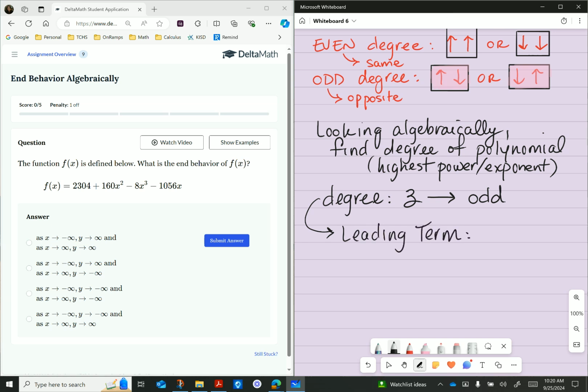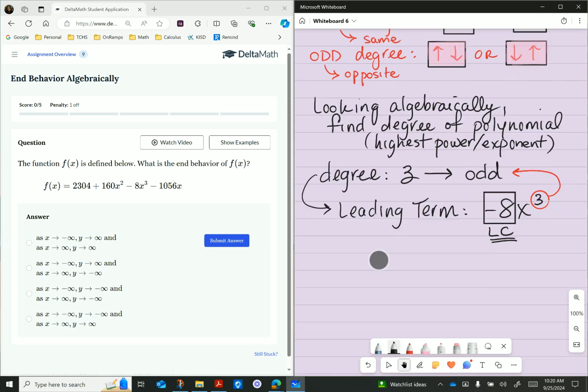My leading term in this particular problem is negative 8x cubed. We already used the exponent to determine even or odd. So now you are going to use the leading coefficient to help you determine something else.